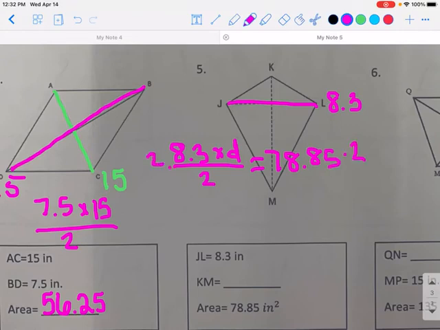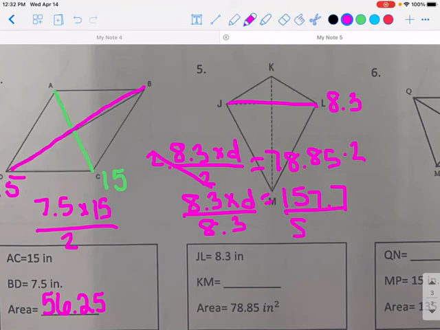Multiply both sides by 2 to start isolating the diagonal, or getting rid of the fraction, I should say. I get 157.7. Last step is to divide by, not 8.8, 8.3. And we get 19 from that.